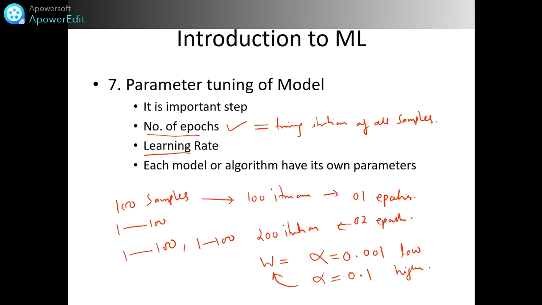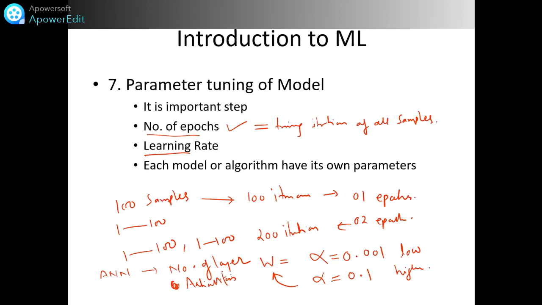Out of these two, each and every algorithm may have its own parameters also. If we talk about the artificial neural network, there is the number of layers, then the activation function, and how to define the activation function.